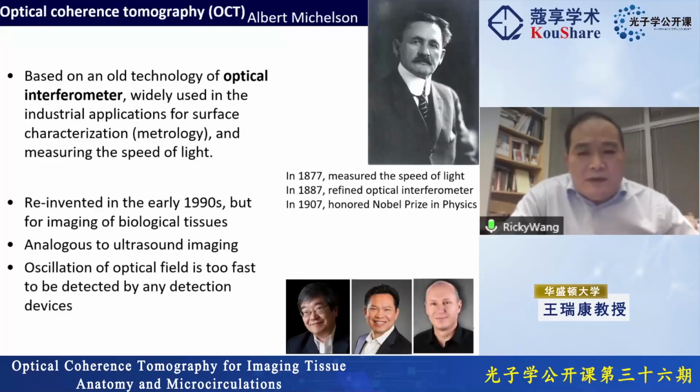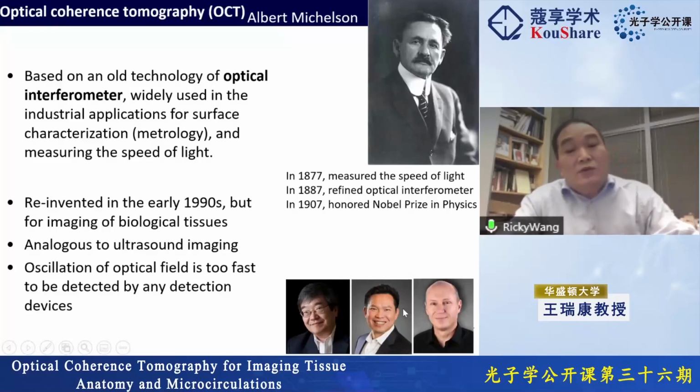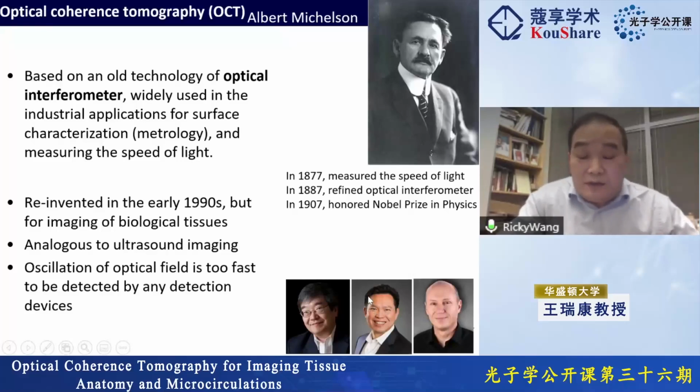This is a kind of turning point to look at human tissue using the Michelson interferometer. This was about 30 years ago, when three scientists at MIT, James Fujimoto, David Huang and Eric Swanson, looked at the Michelson interferometer and thought it would be very useful to look at human tissue.